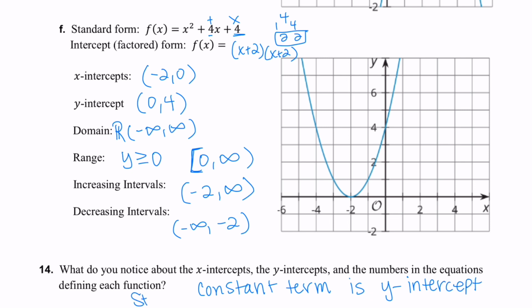This is only if it's in standard form. If it's in factored or intercept form, if we set them equal to 0, this will give us our x-intercepts.